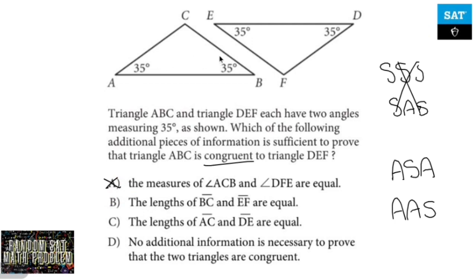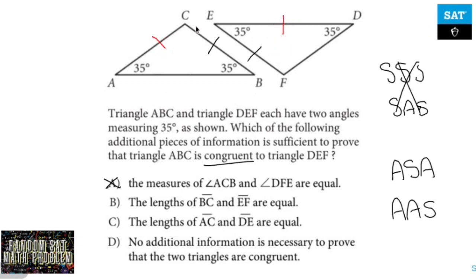Let's see what BC looks like, that guy, and EF. Now, this has promise because these 2 guys are A, non-included side, so I have AAS, but let's just double check. I'm going with B, but let's see what C looks like. I'll use a different color. C says AC, which is a non-included side, and DE, which is an included side.